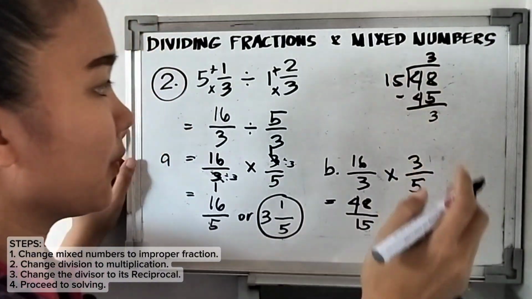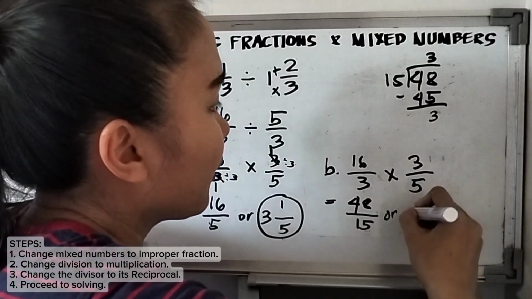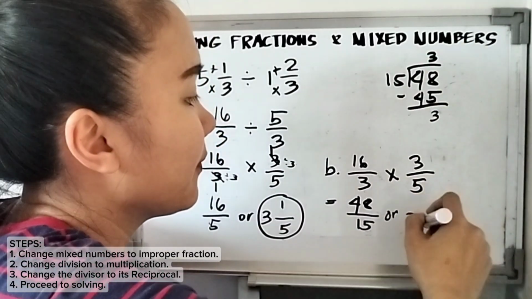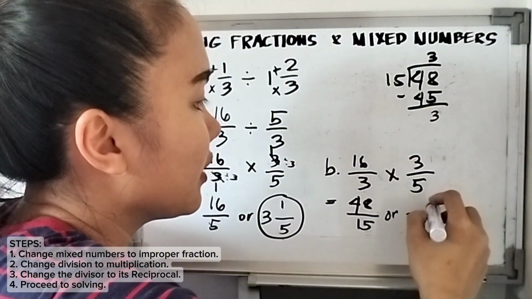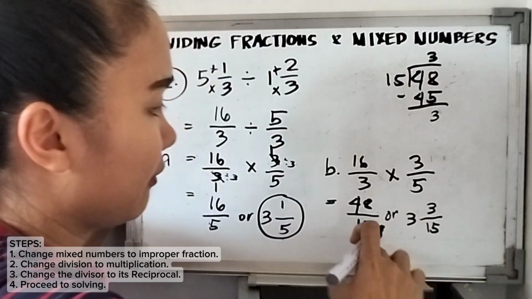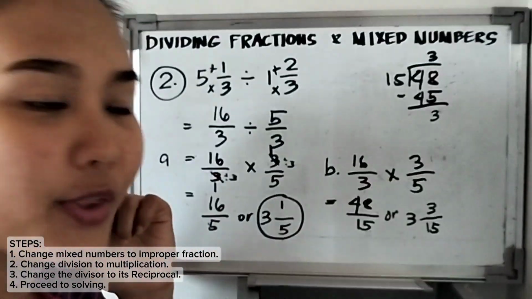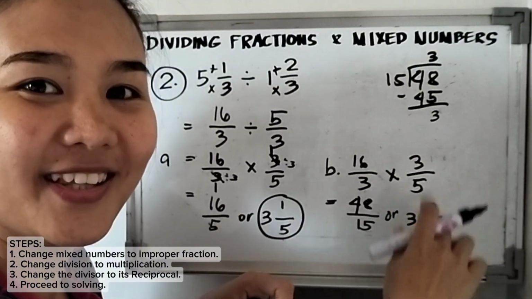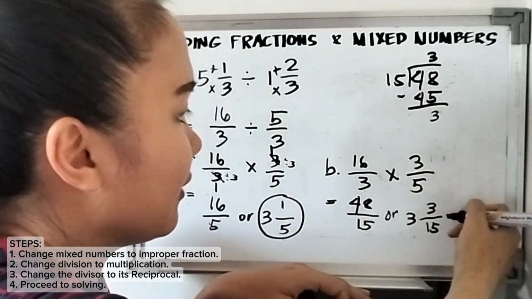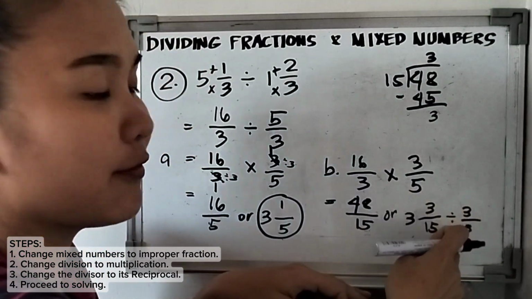The answer is the whole number, the remainder is the numerator, and copy the divisor, 15. Teacher, it's not the same: 3 and 1/5 and 3 and 3 over 15. We can still simplify this by dividing by 3, because the common factor of 3 and 15 is 3.